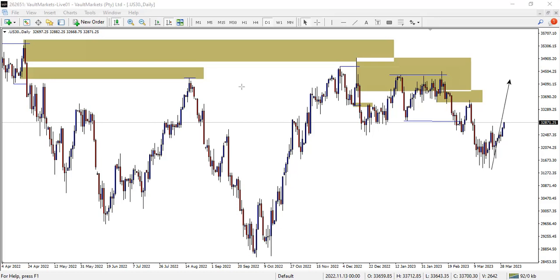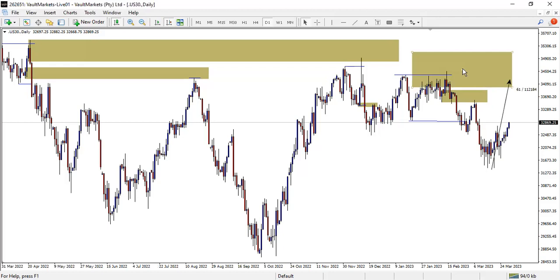Now we need to be sure where exactly the target is, not somewhere, but we want to be sure. Now what do we do then? We will use this rectangle so that our chart will be clean.